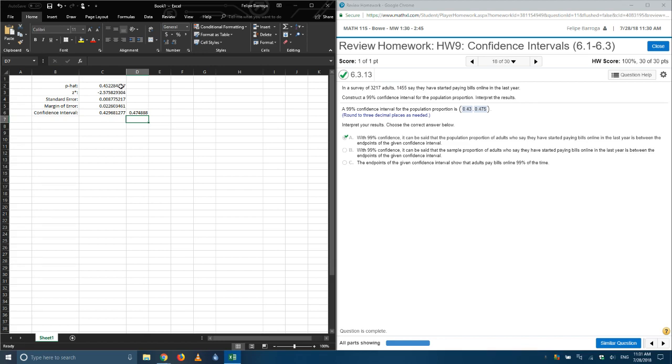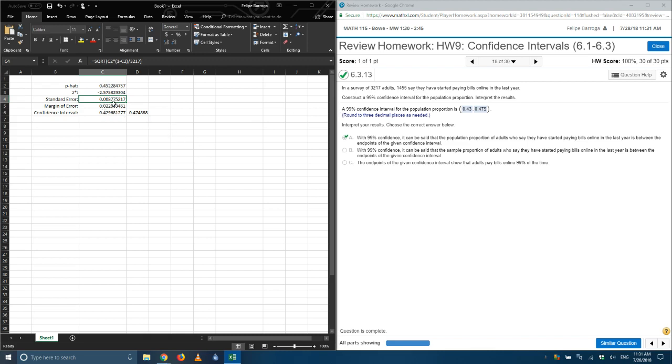Okay, so remember p hat is the number of successes divided by the sample size. To get the z value, you'll have to do 1 minus the confidence level, then divide that by 2 inside of the norms inverse function. The standard error is the square root of your p hat times 1 minus p hat divided by the sample size.